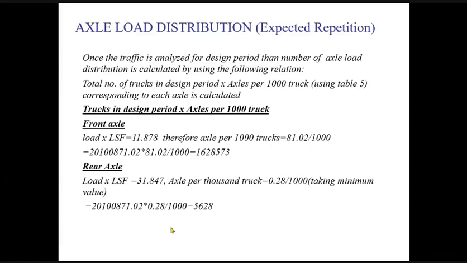It is the other way around. Here, we estimate the total traffic over the period of time, and then we distribute it according to the axles, front axle, rear axle, middle axle, whatever it is. So these are the protocols of this method. That is how you design this pavement.